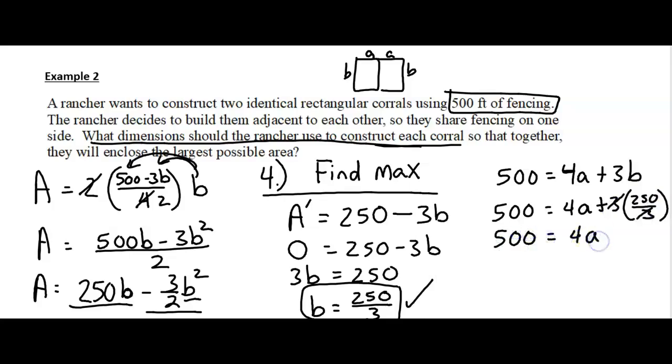Might not always be that convenient, but in this case it is. And then we're going to subtract 250 on both sides, and then we're going to divide by 4. And that can be reduced, so I would say 125 over 2 for A.